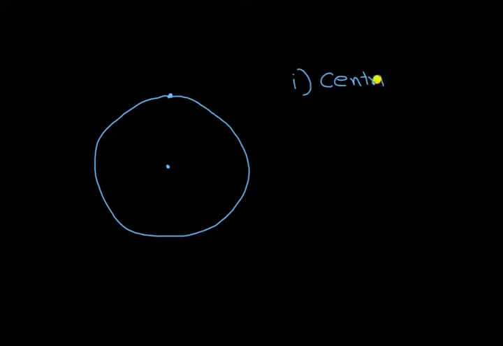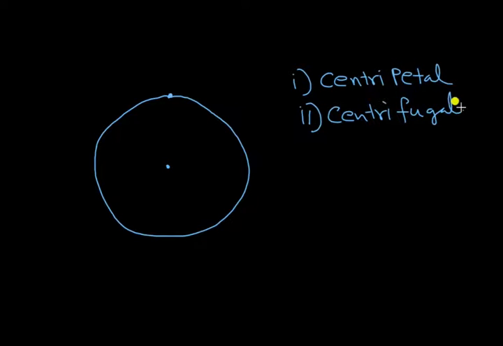That means when a body is already in circular motion, what are the forces that act on the body? There are basically two forces acting on the body. One is centripetal force and another is centrifugal force.